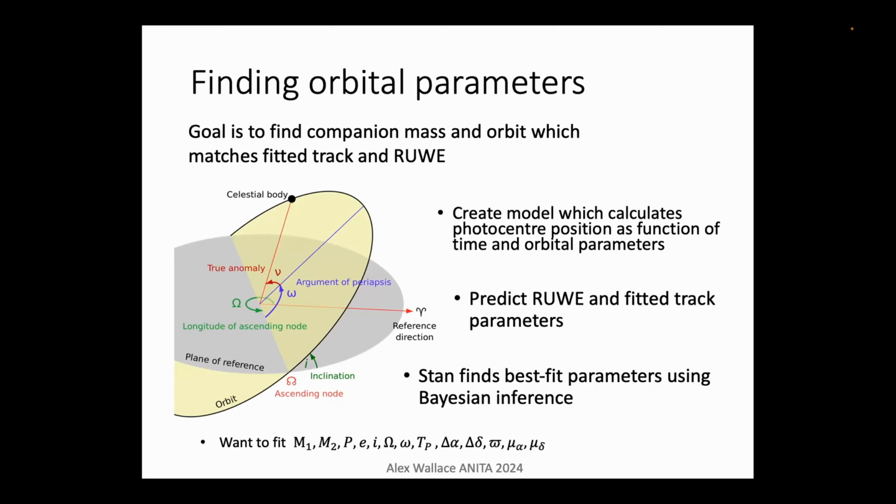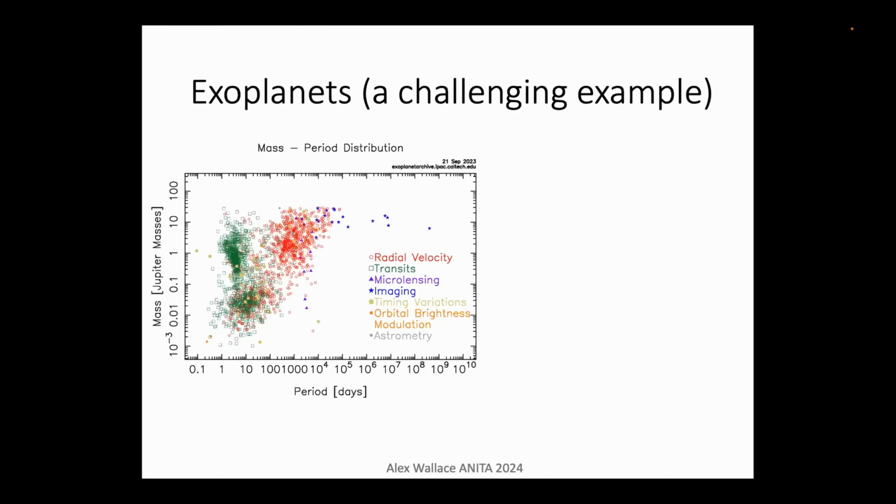So I don't really have time to go through everything that we did with this. So I'll take a particular example, which is exoplanets, which was one of my favorite areas to go into. It's what I did my PhD mainly on. So going straight in there with a rather challenging example. Here's a plot of a lot of the exoplanet discoveries over time.